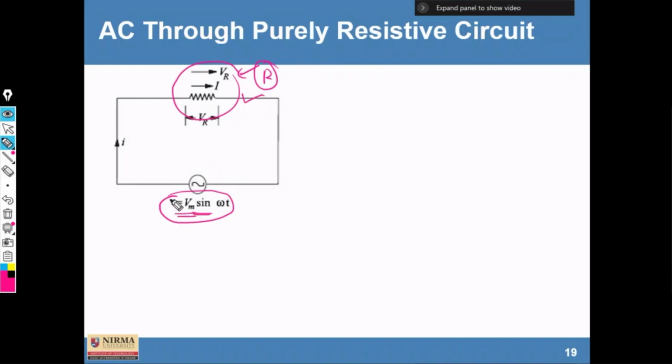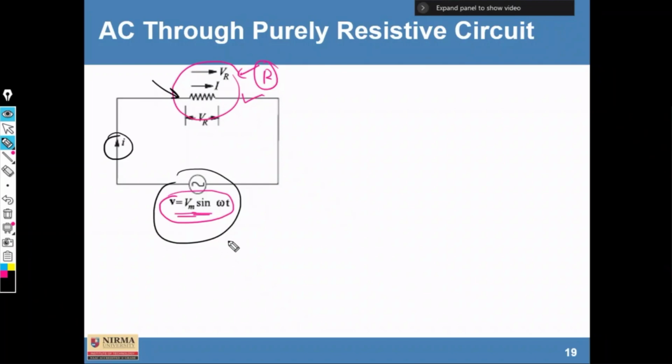We know that the source voltage equation is V is equal to Vm sin omega t. And with the help of this, and with the help of the behavior of the passive element, we are going to find out the equation of current I in all these three different cases.